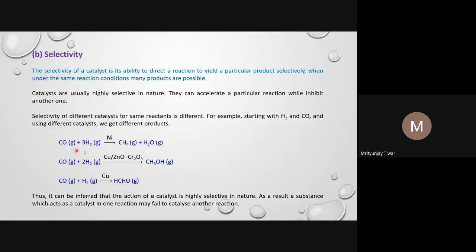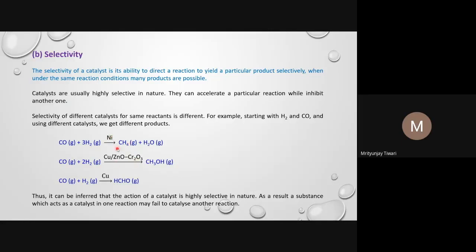You see this example, the water gas reaction with hydrogen. Water gas in the presence of a copper catalyst gives formaldehyde. Water gas plus hydrogen in the presence of zinc and chromic oxide gives methanol, or copper and chromic oxide gives methanol, and water gas plus hydrogen in the presence of nickel gives methane plus water.